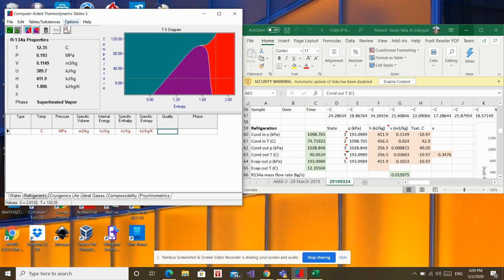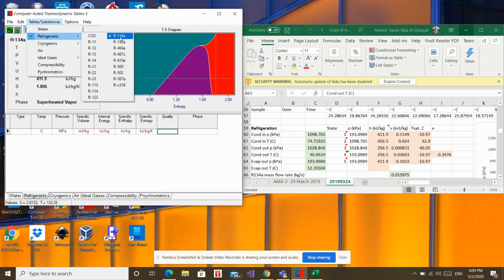Now, by default, the CATT3 has the refrigerant set at R134A. You can change the type of the refrigerant, including CO2, R11, up to RC318.